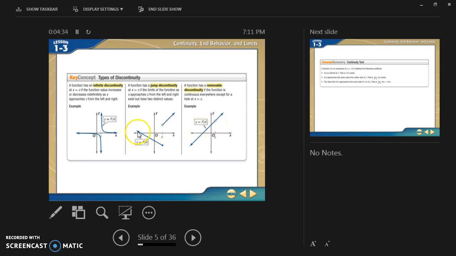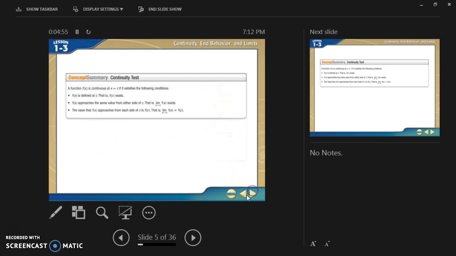This one, I have to lift my pencil up and bring it up here to start the new part of it, right? So this is not continuous. A continuous function, we should be able to trace the whole function without having to lift the pencil.